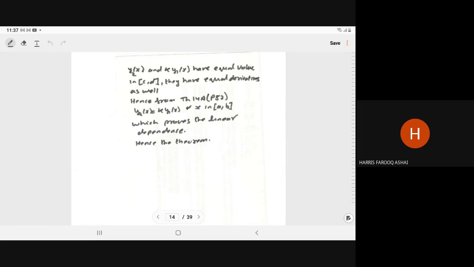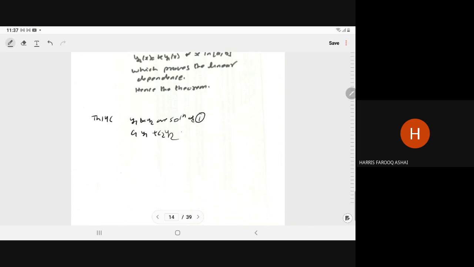There are two statements of this type. Theorem 14c: if y1 and y2 are solutions of the first, then C1 y1 plus C2 y2 is also a solution of the first.